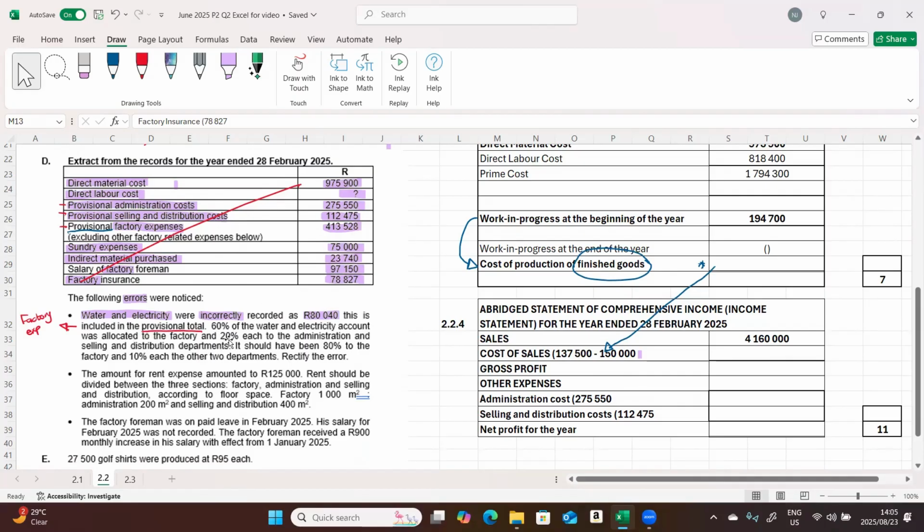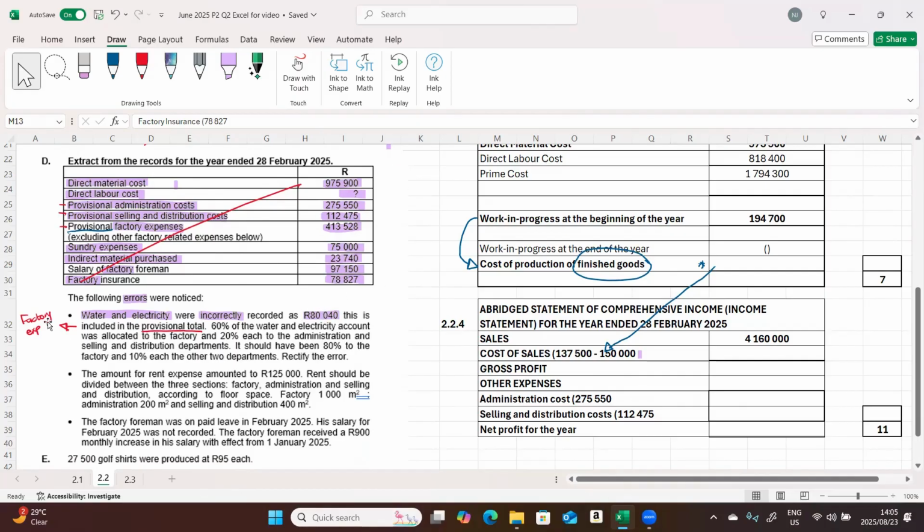So we have to fix the allocation of water and electricity. It was wrongly allocated as 60-20-20. It should be 80% to the factory, 10% to admin, 10% to selling and distribution. So how do we fix this? This is the most difficult calculation in this question, but we need higher order calculations also. So let's just have a look.